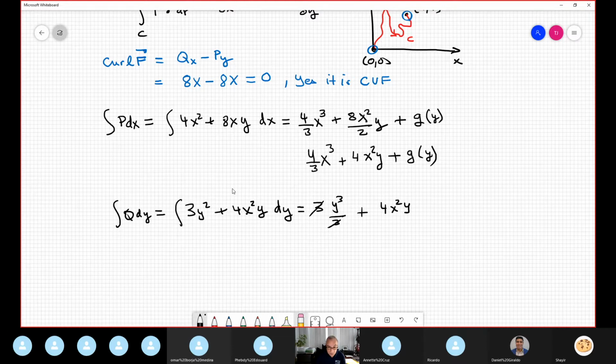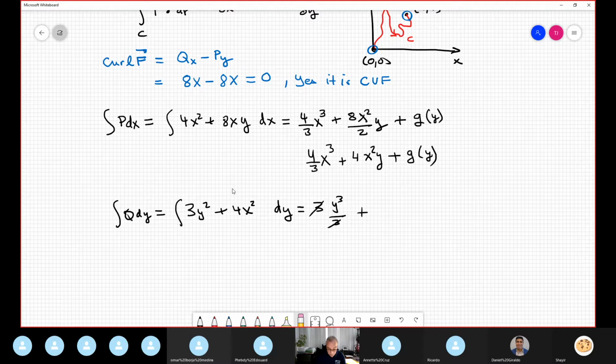Sorry, mistake. The mistake is that my expression does not contain y here. So when you apply the antiderivative with respect to y, it is y cubed plus something, plus, okay, antiderivative, this is a constant.